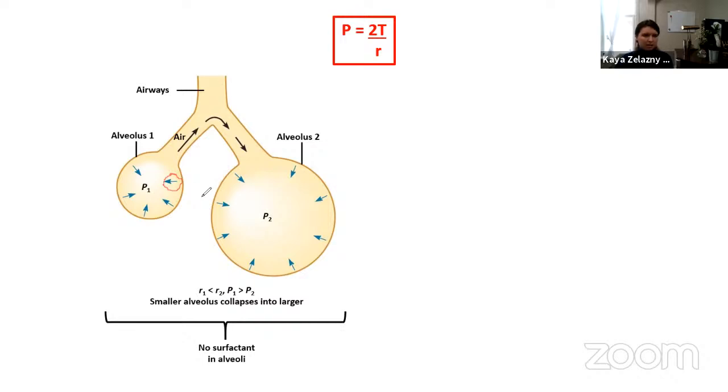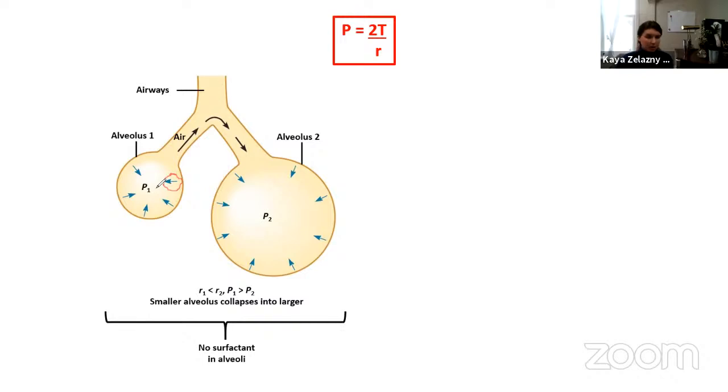We remember that inverse relationship between pressure and volume. So basically, this surface tension, if we allowed it to work, would make this P1, the air inside the alveolus, get higher and higher pressure as alveolus 1 got smaller in response to the surface tension.